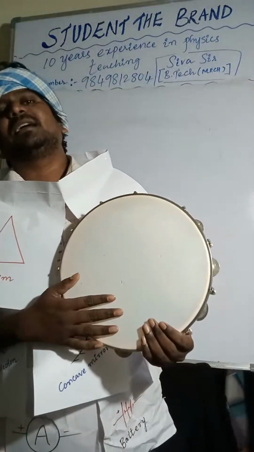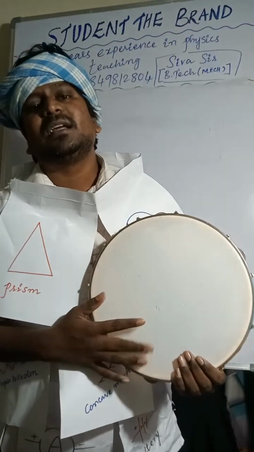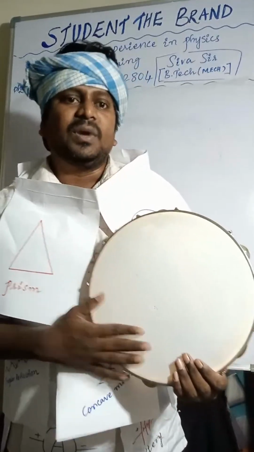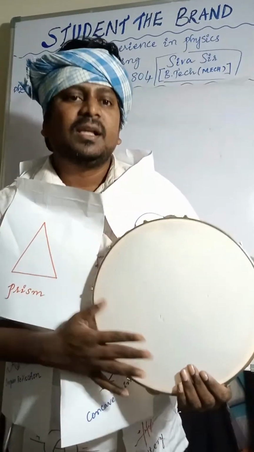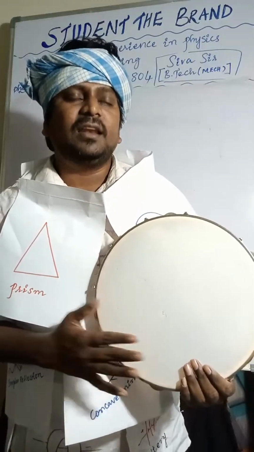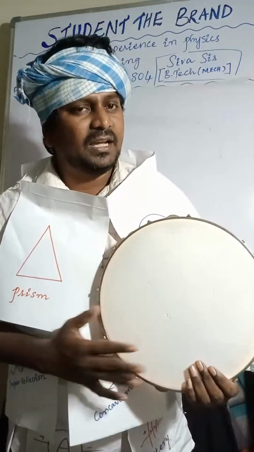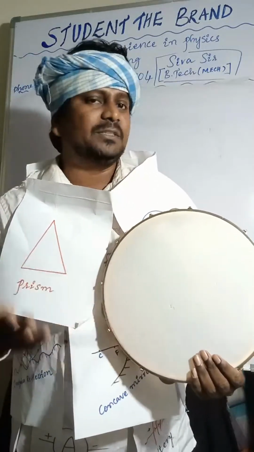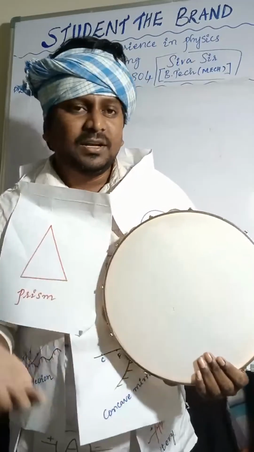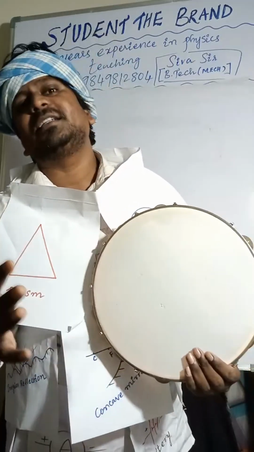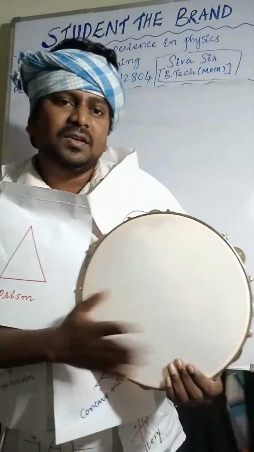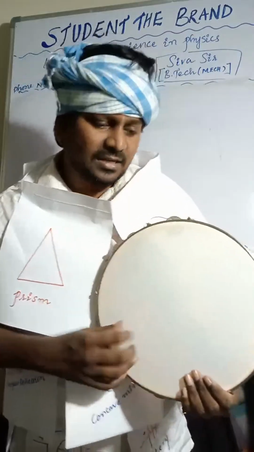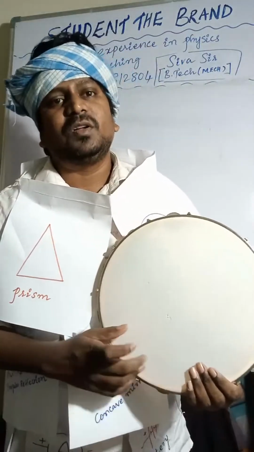Cartesian sign convention, Cartesian sign convention, all distance measured from the pole. Distance are positive along the instances, distance are negative opposite to instances, distance are positive above the principal axis, distance are negative below the principal axis. Cartesian sign convention, Cartesian sign convention, all distance measured from the pole.